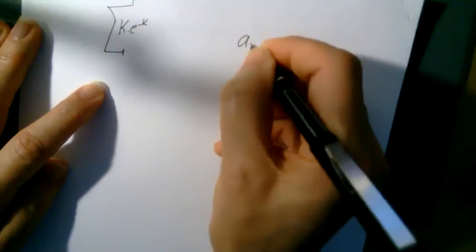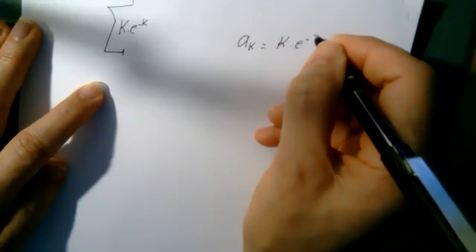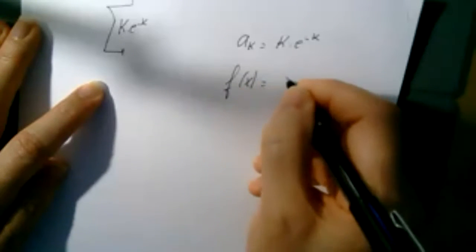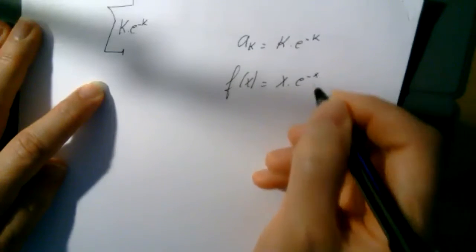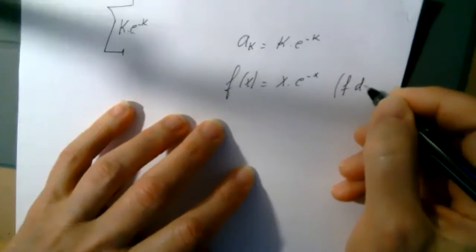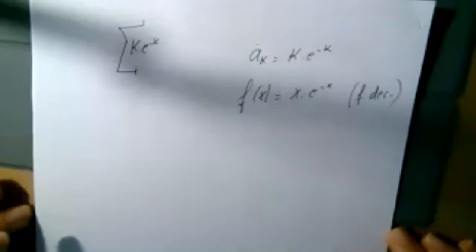So we have the sum of k e to the minus k. So a_k here is k e to the minus k. So I'm going to take the function f of x equal to x e to the minus x. Now this function is decreasing. Just use a calculator and sketch it. We will not spend a lot of time on that issue.